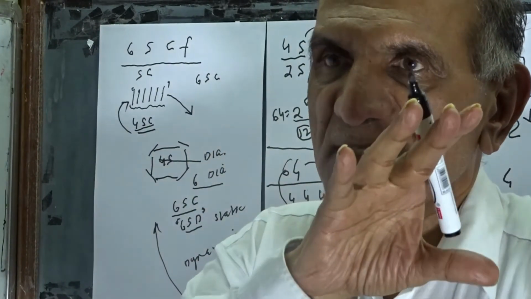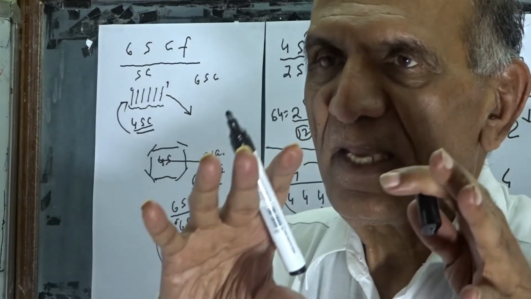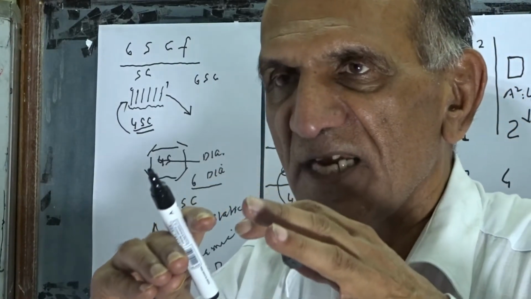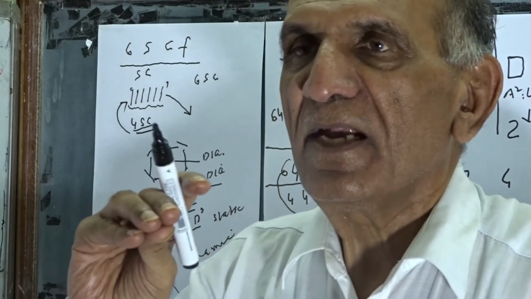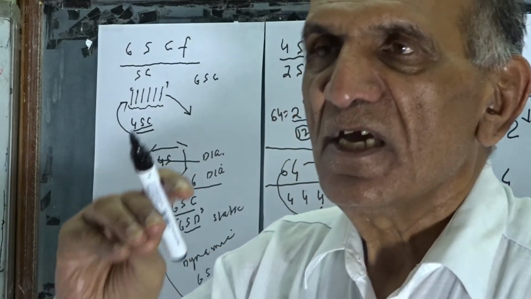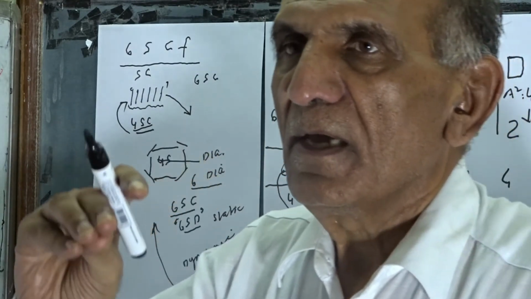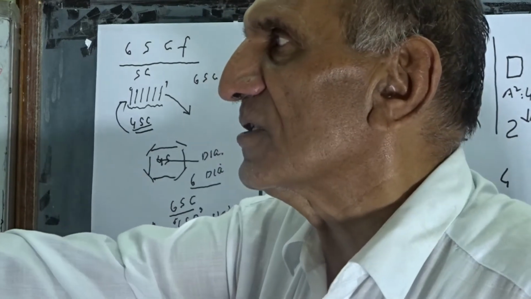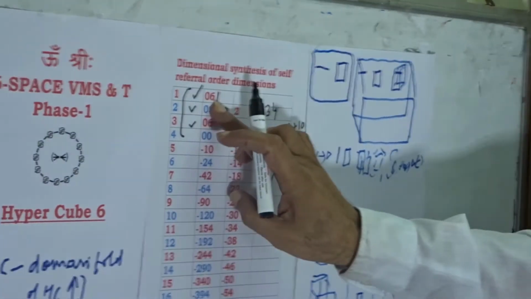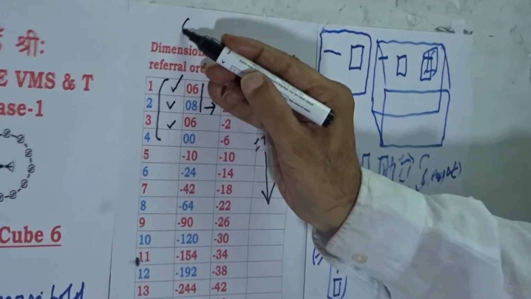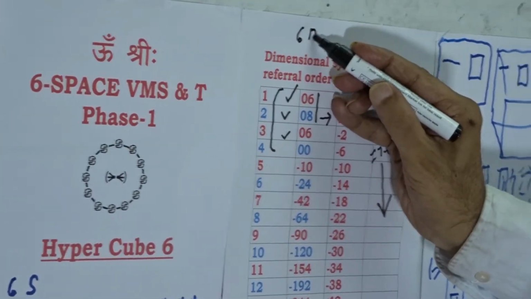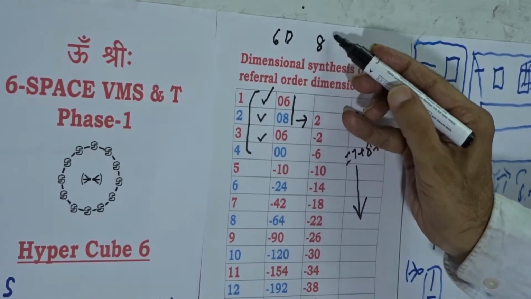Means 6 space domain in a static state is a domain, and in a dynamic state it is going to be as a role of a 6 space as a dimension. Now 6 space as dimension is a dimension of 8 space.